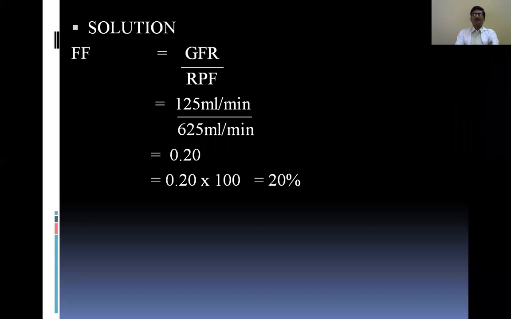Try to go through this chapter in any book. Try to make this concept clear and know these formulas and which marker is used for which value. By knowing this, simply by applying the formula C equals U times V by P, we can get the values and we can get good marks.